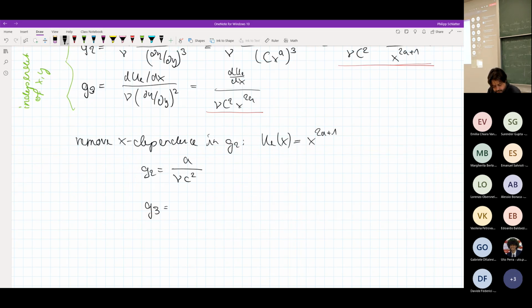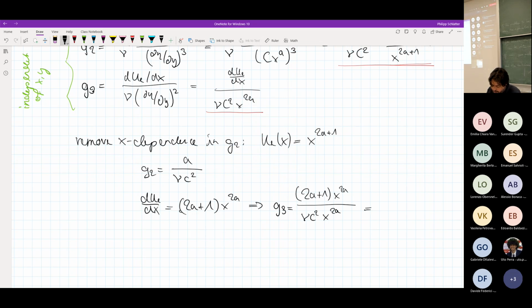If I put that in, well, maybe I can do that in 2 steps. Now we need to see what G3 becomes. So dUe/dx, which I need here, is of course 2a plus 1 times x to the 2a. And with this, I get my G3 to be 2a plus 1 times x to the 2a divided by mu c squared x to the 2a.